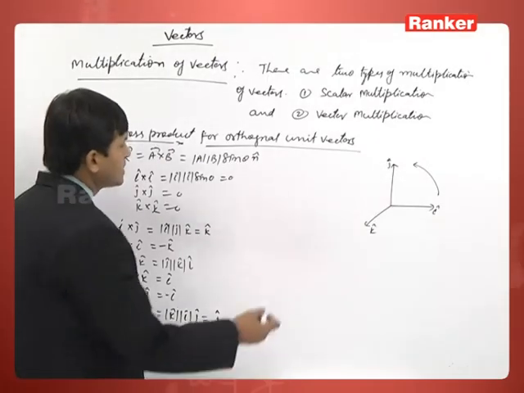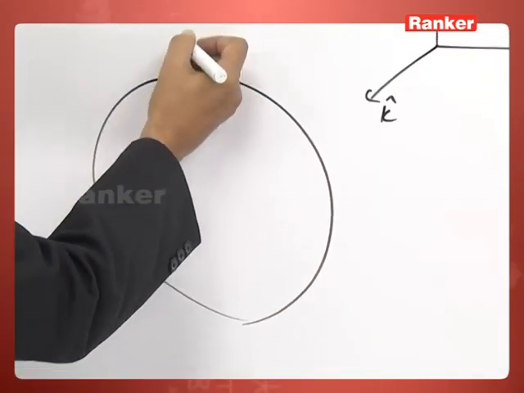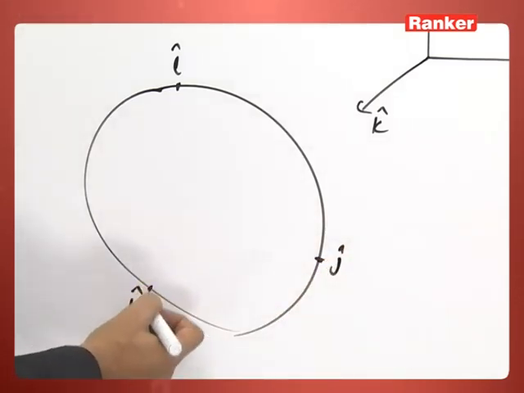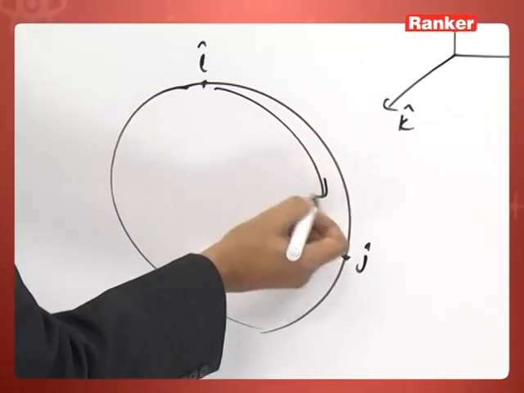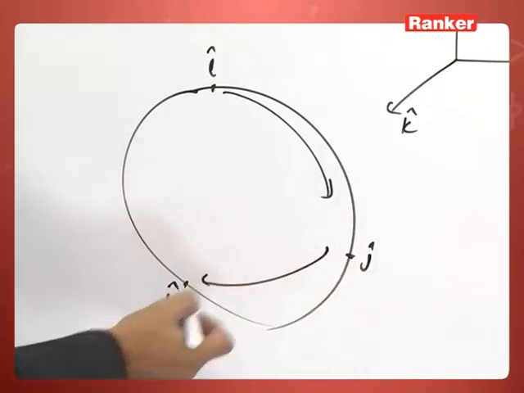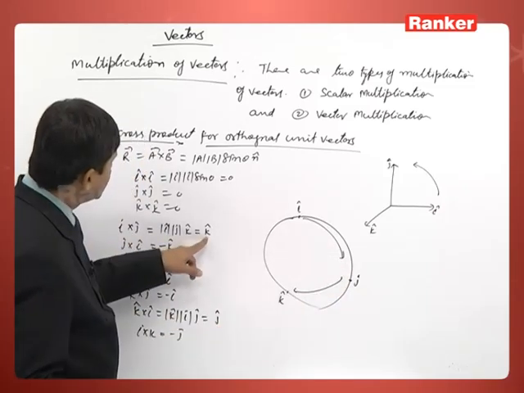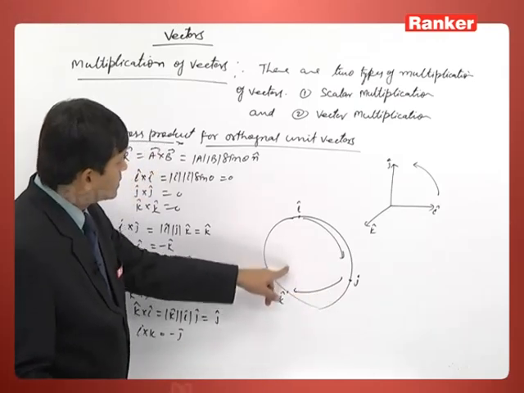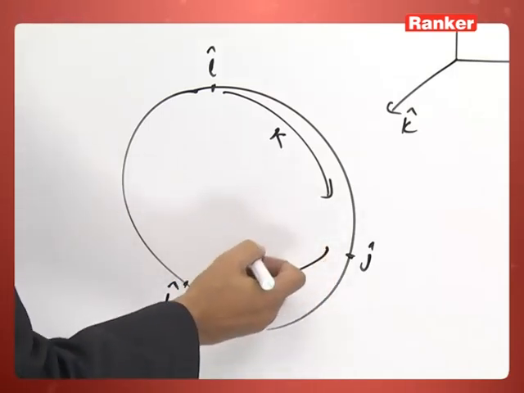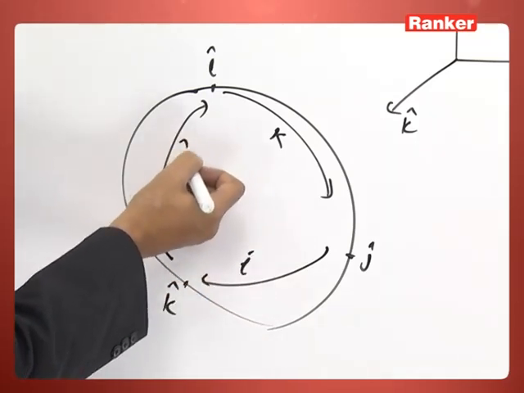So for simplicity we can make it like this. Let this be your i cap, this your j cap, this your k cap. When we move like this, i cross j, you will get k; j cross k, you will get i; then k cross i, you will get j.